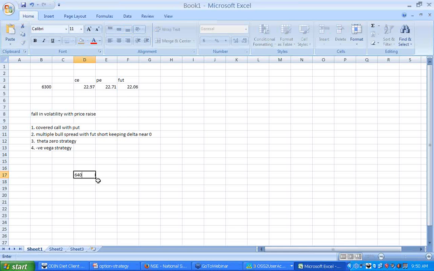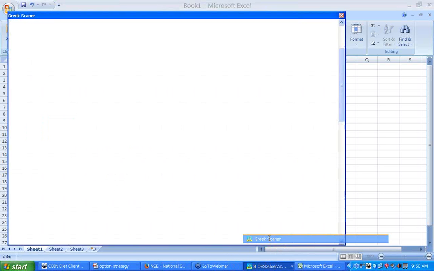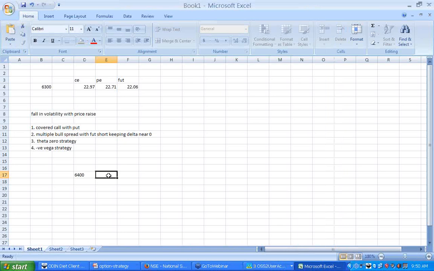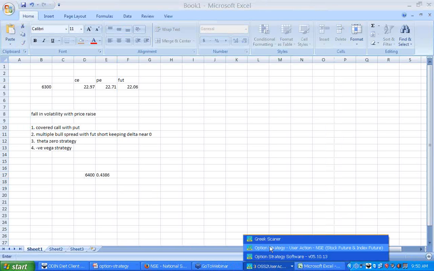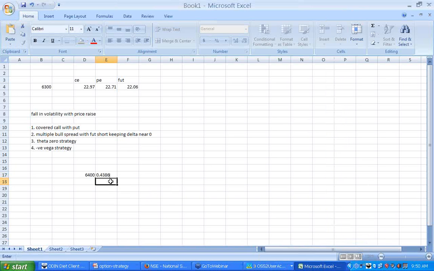So for 6400, I have used the Greek scanner, which has given me all the Greeks. 6400, 0.4386, and in the same way the 6500 is having 0.3211.